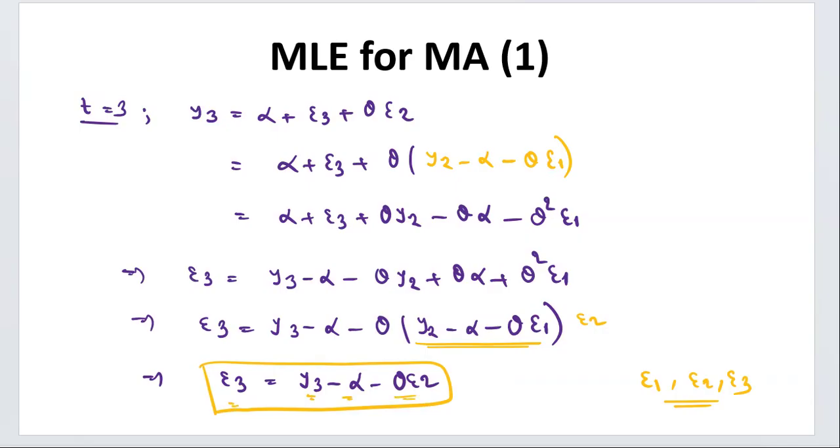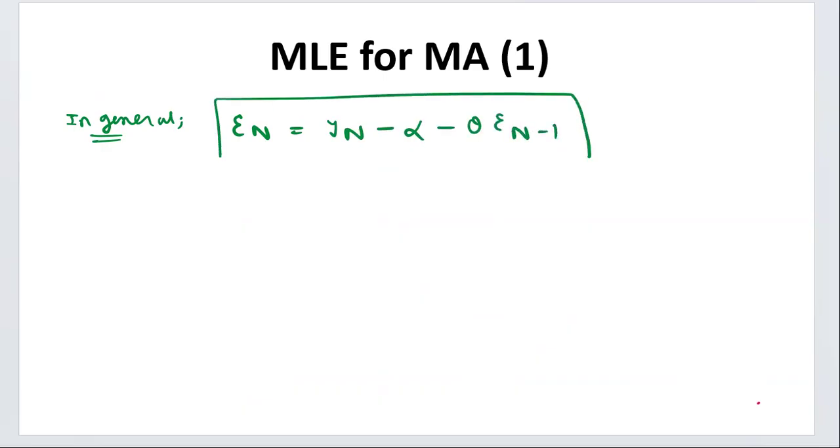So if you compare, you can write the general epsilon n. What is that? That will be yn minus alpha minus theta epsilon n minus 1. In this figure, you can vary the values of n, and you will see this will be the general form of epsilon. So now you got the general term.